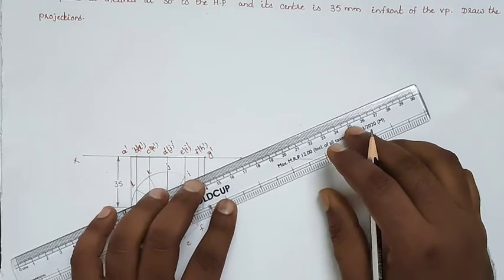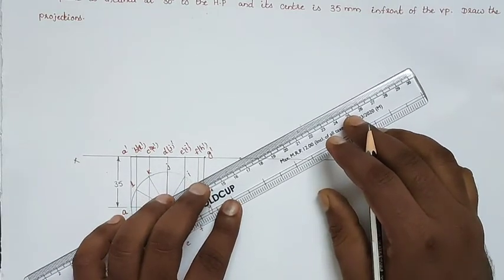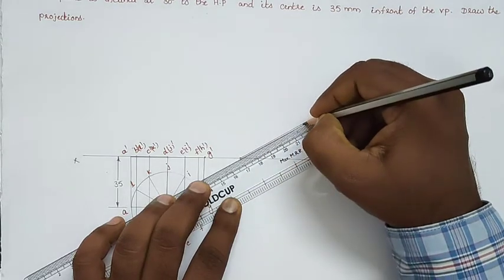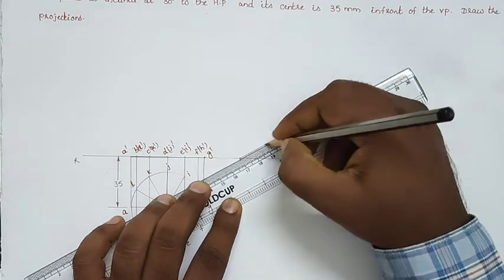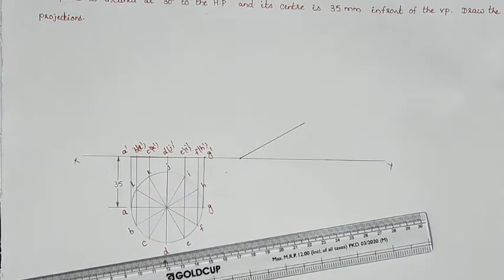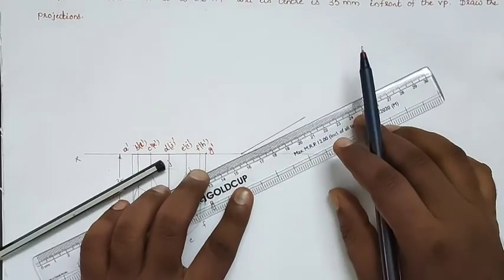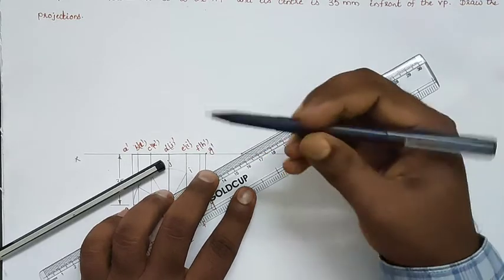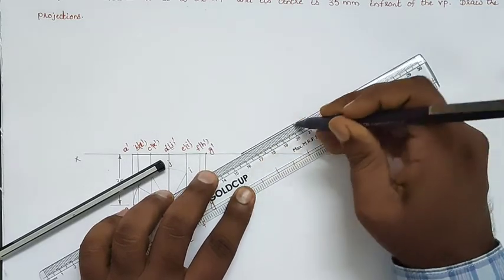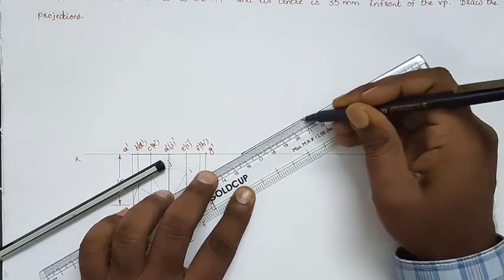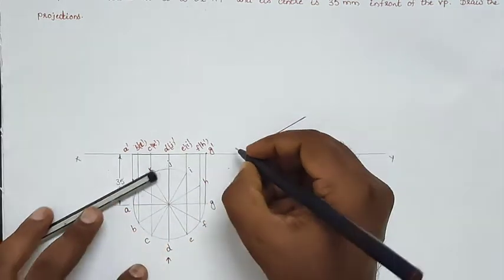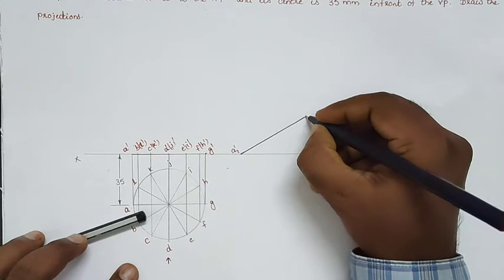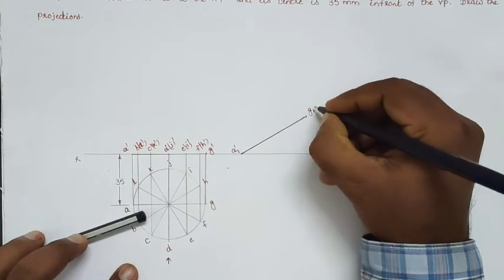With an angle of 30 degrees we will tilt the first front view. Here I am getting A dash, or we can call it A1 dash. At the last we will get G1 dash.